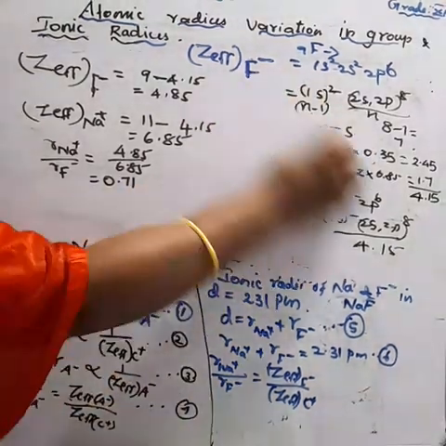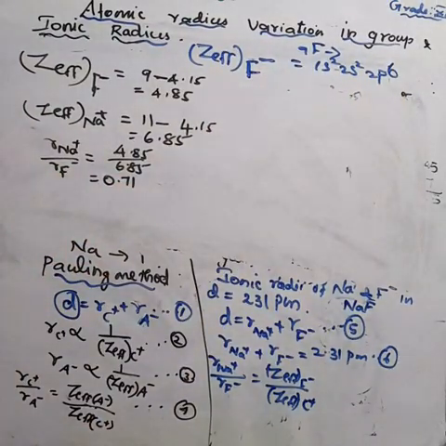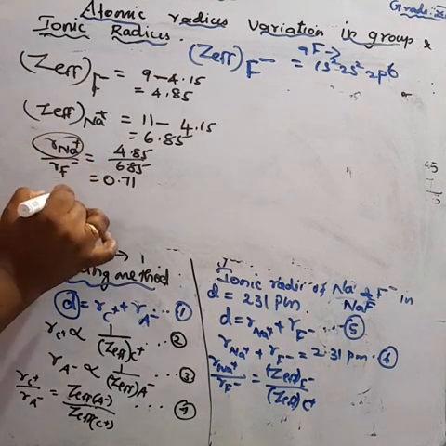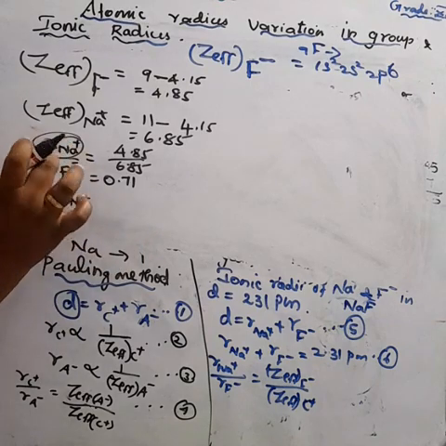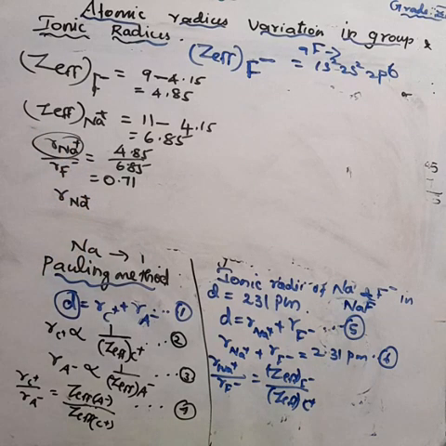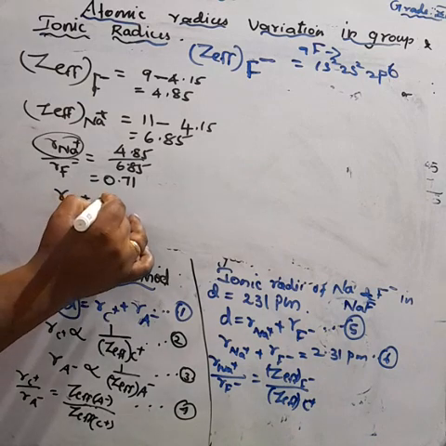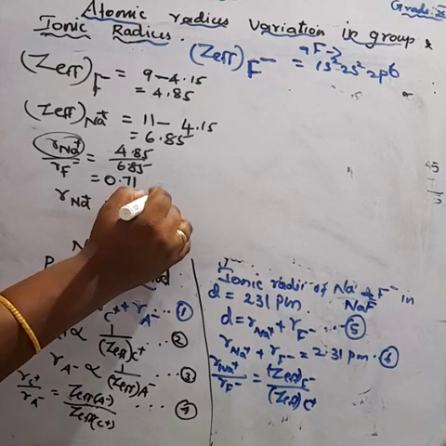From these values we are taking the sodium ion radius. We have to calculate the sodium and fluoride ion radius. Because of that we take the radius of the cation out, so we get r Na+ is equal to 0.71 times r F-.